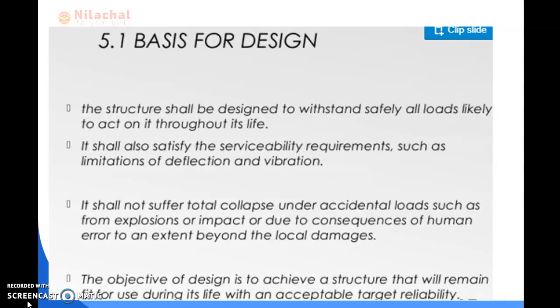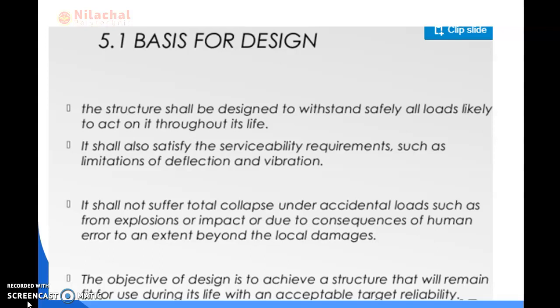First we discuss article 5.1, basis for design. What is the basis we consider for design purposes? The structure shall be designed to withstand safely all loads likely to act on it throughout its lifespan. The first basis is that the structure we design must safely withstand the loads applied throughout its lifespan.